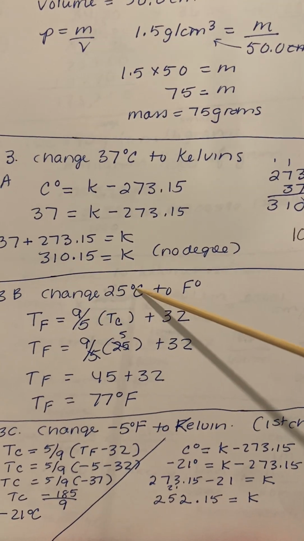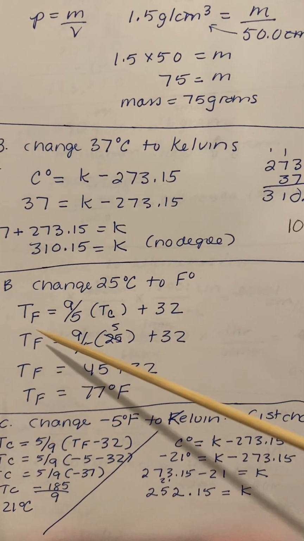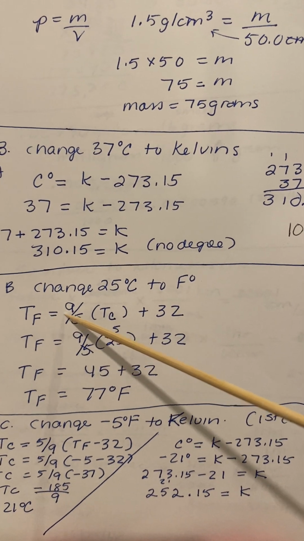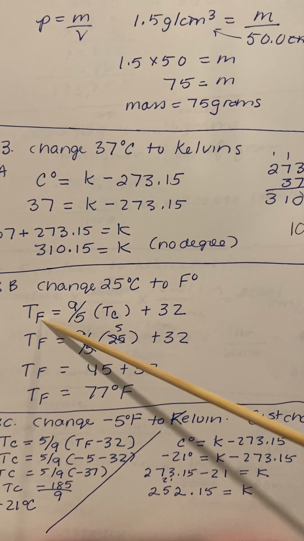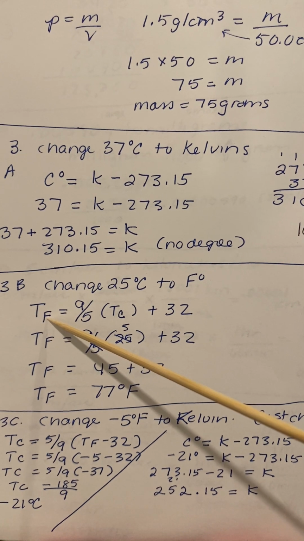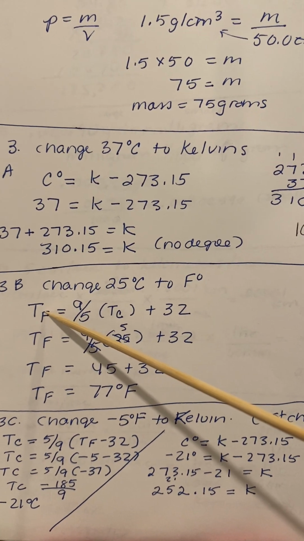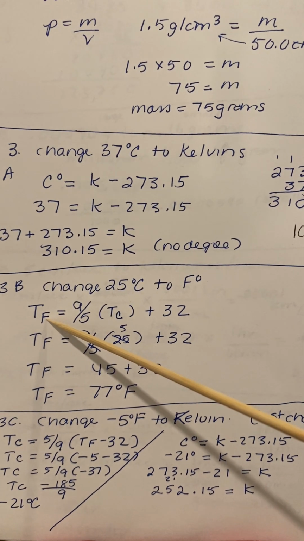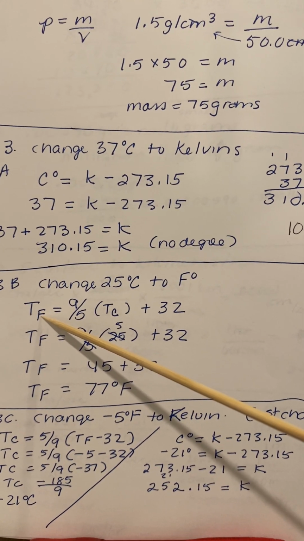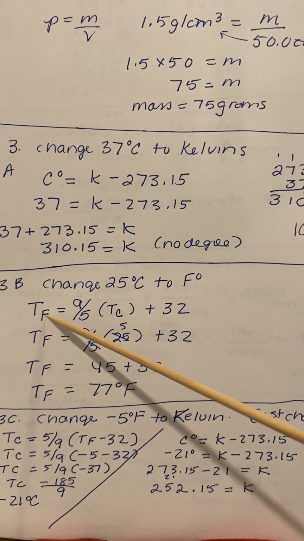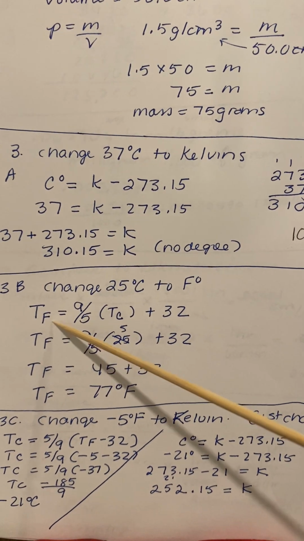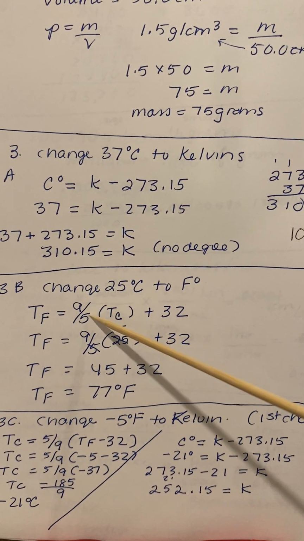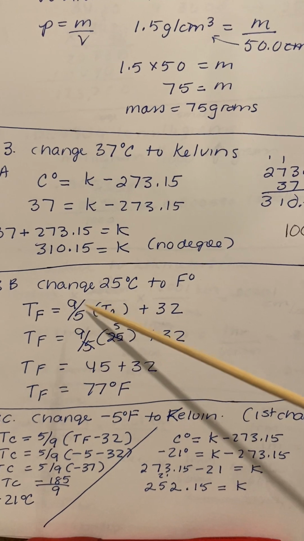3B, change 25 degrees centigrade to Fahrenheit. Okay, temperature Fahrenheit equals, now since temperature Fahrenheit is always going to be a bigger number than centigrade, right? If you have 0 degrees freezing, and 32 degrees, you're going to know Fahrenheit's going to be a bigger number. So that means a bigger number, I'm going to times it by 9/5 instead of 5/9.